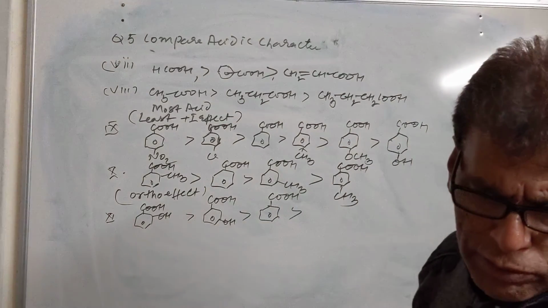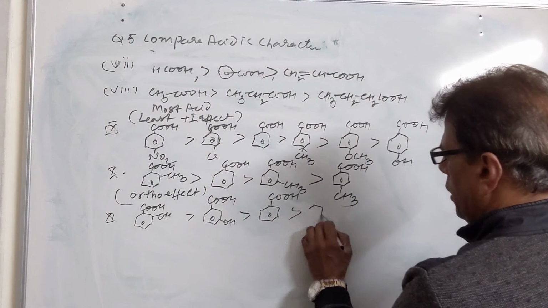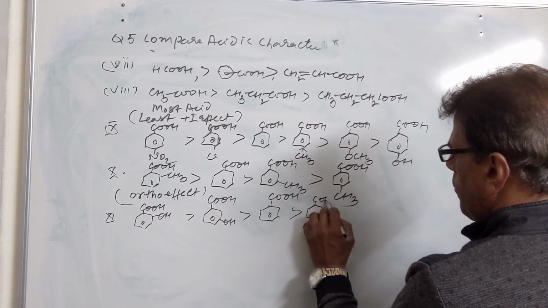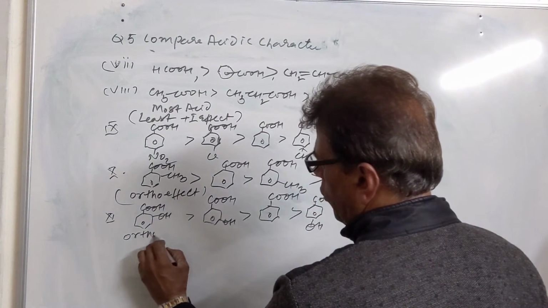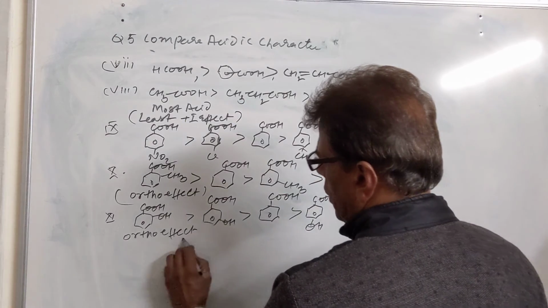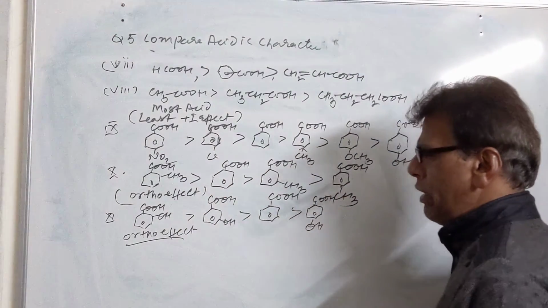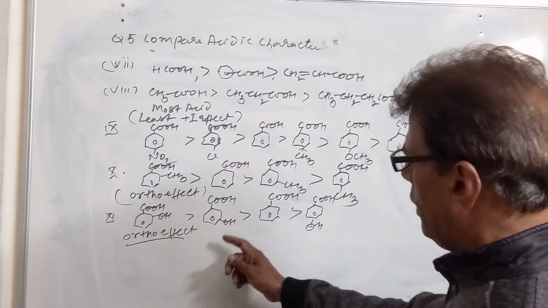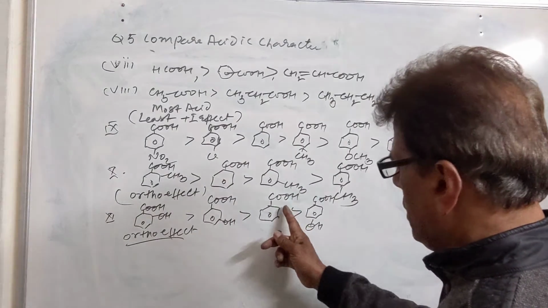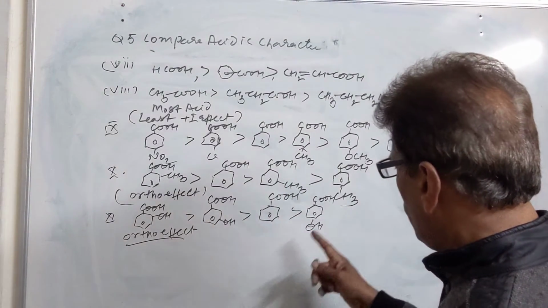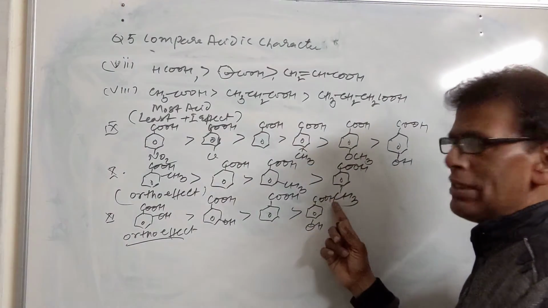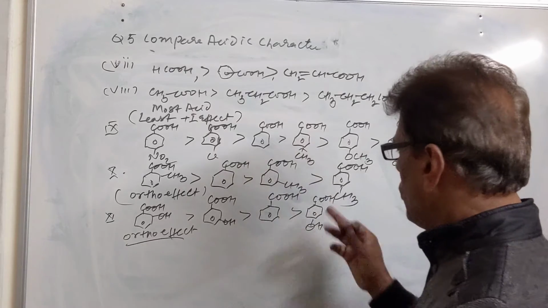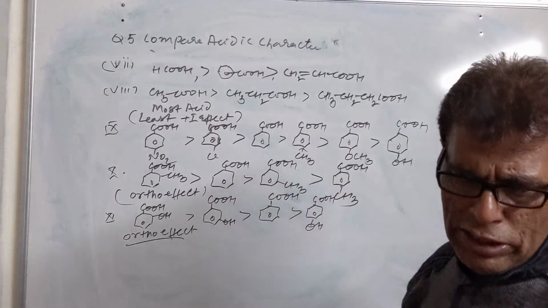After benzoic acid, we have para-hydroxy benzoic acid. This acid is stronger again due to the ortho effect. Here electron withdrawing character, electron supplying character decreases. In this case, neither electron supplying nor electron withdrawing. Here electron supplying character is increased, OH polarity decreases, so its acidic character will be decreased much.